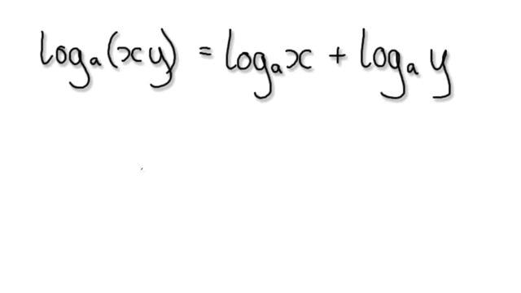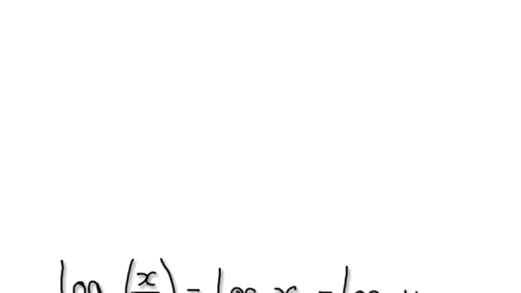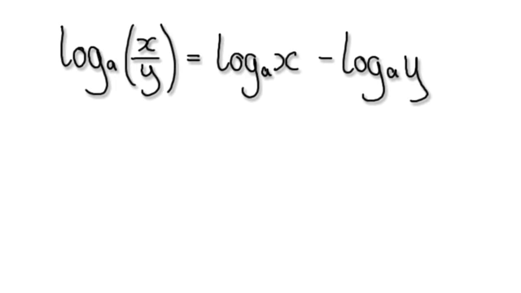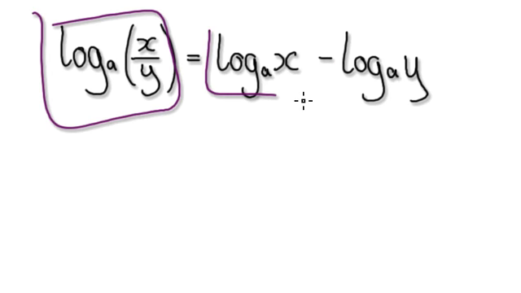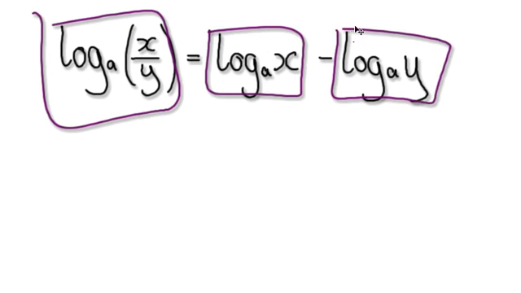Okay, and here's another one. When you're given this here, you can break this up as this, take away this thing here. So this thing here is the same as this, take away this thing here.